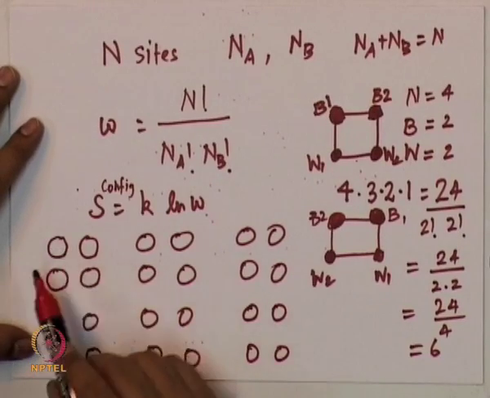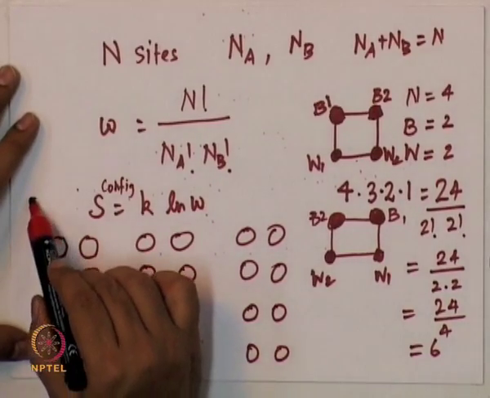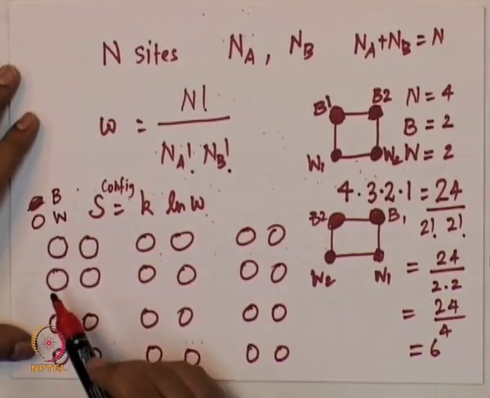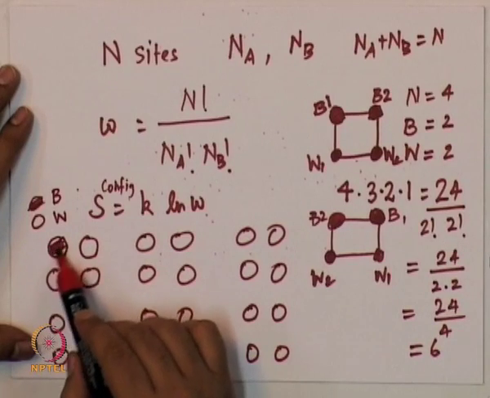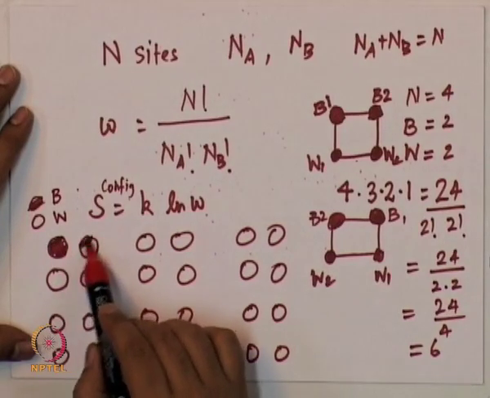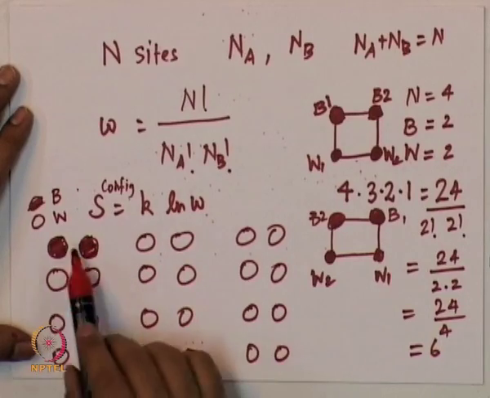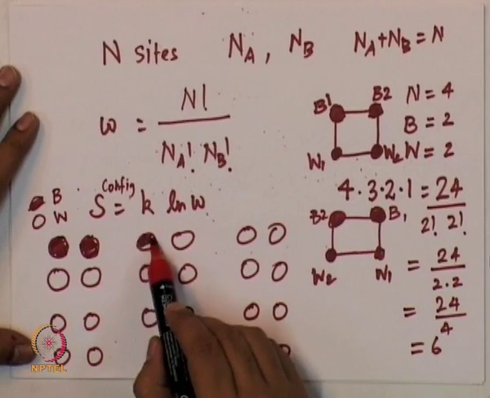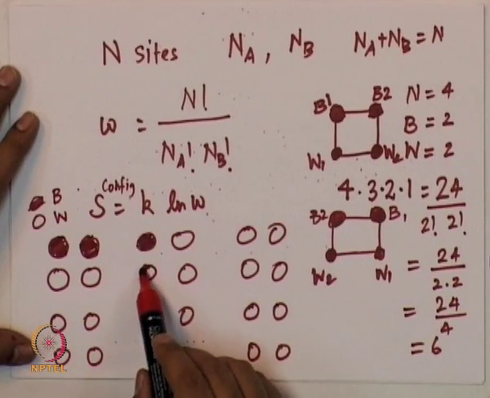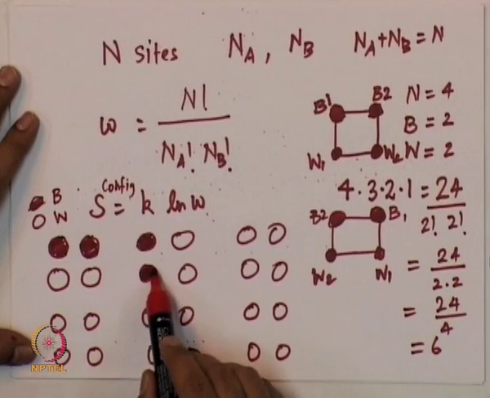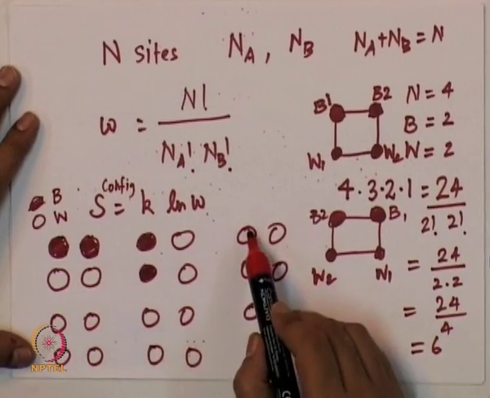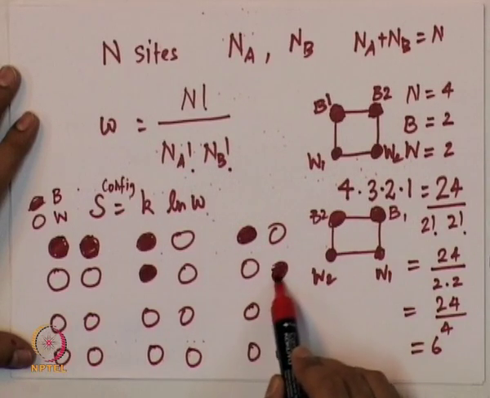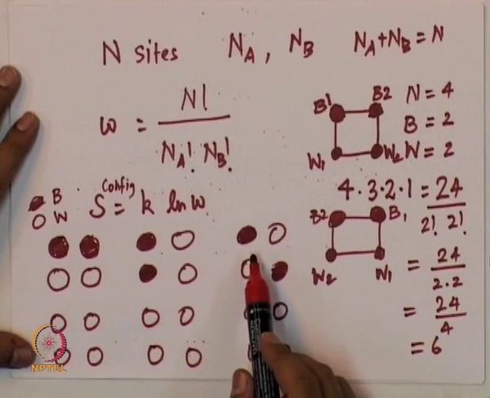What are those 6? Let me say black is filled and white is open. So, this is black and this is black. This is one configuration, and it is possible that this is black and this is black. The other configuration is this is black and this is black. So, there are only 3.